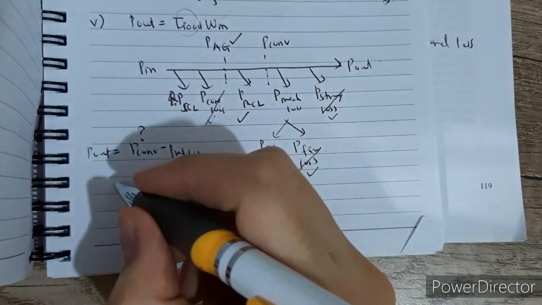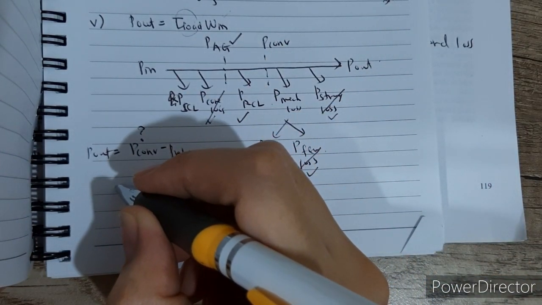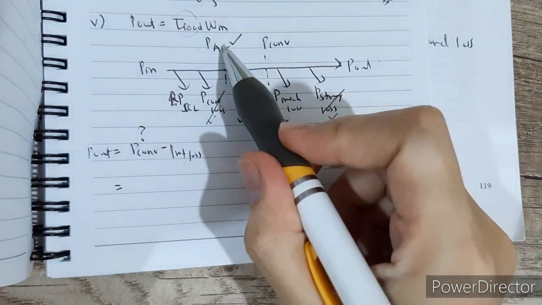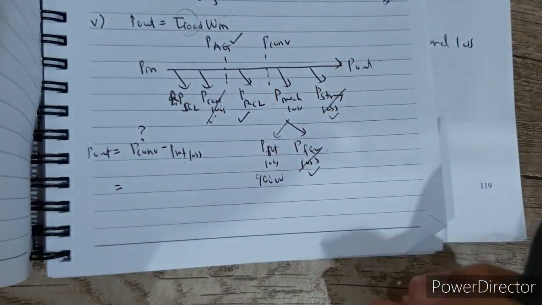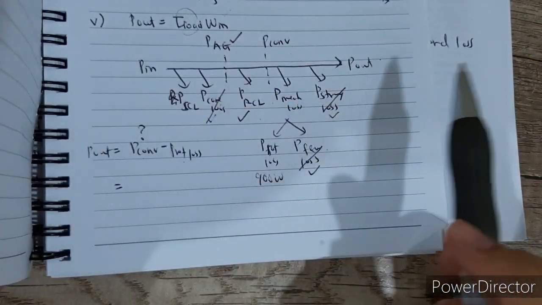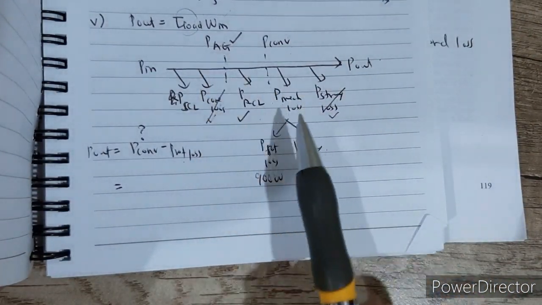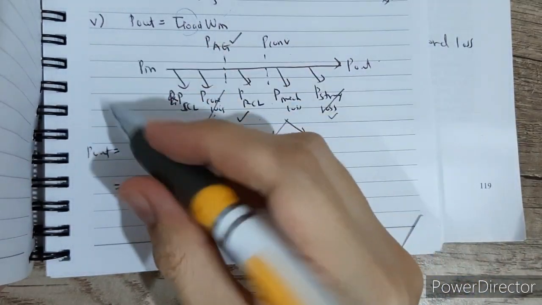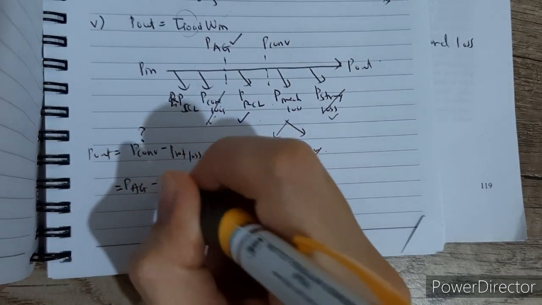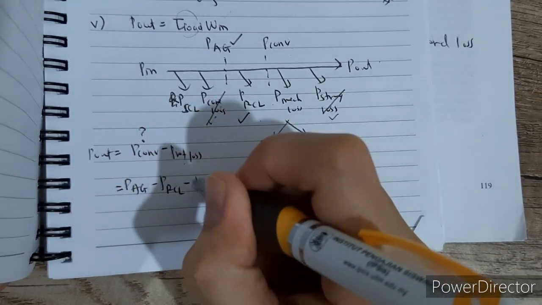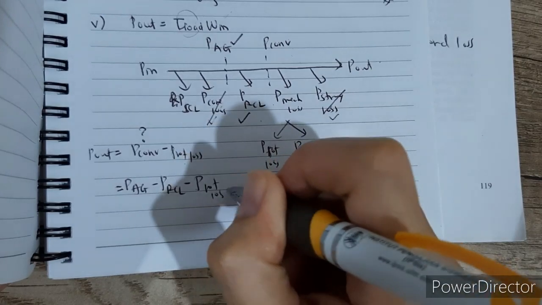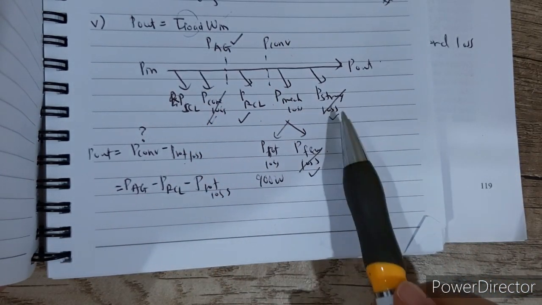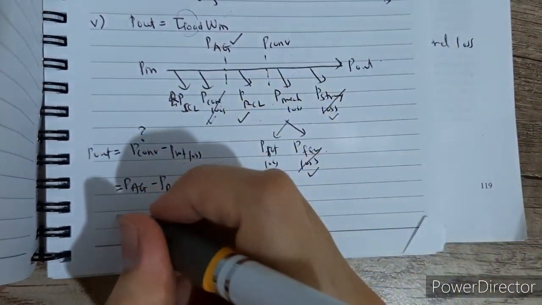So we substitute P converted equal to P air gap minus PRCL. Or in other words, overall you can see that P air gap minus PRCL minus P rotational loss minus 0 equal to P out.